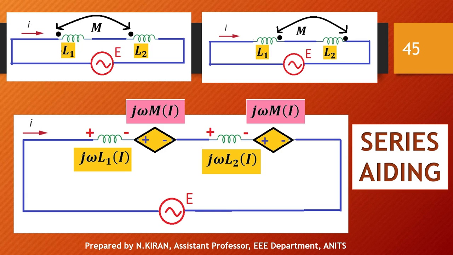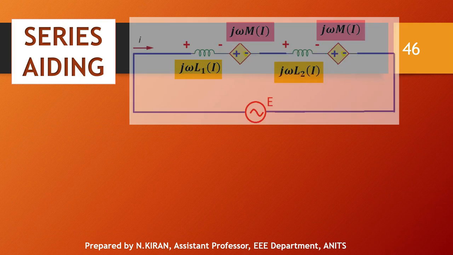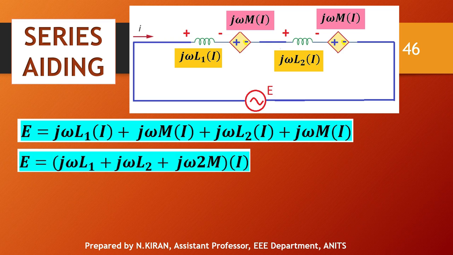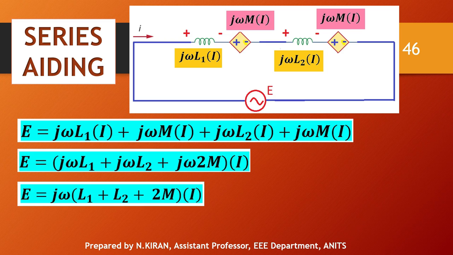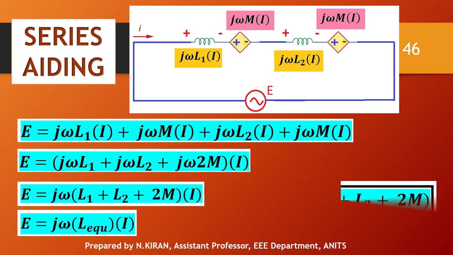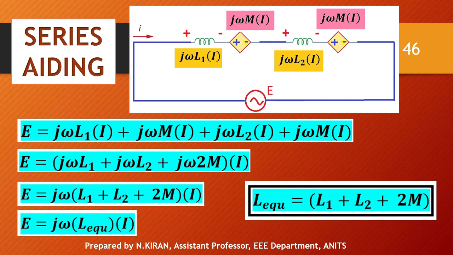Applying KVL will give me the equation E is equal to j omega L1 I plus j omega M into I plus j omega L2 into I plus j omega M into I. Taking I common will give me the total equivalent inductance in case of series aiding to be L1 plus L2 plus 2M.